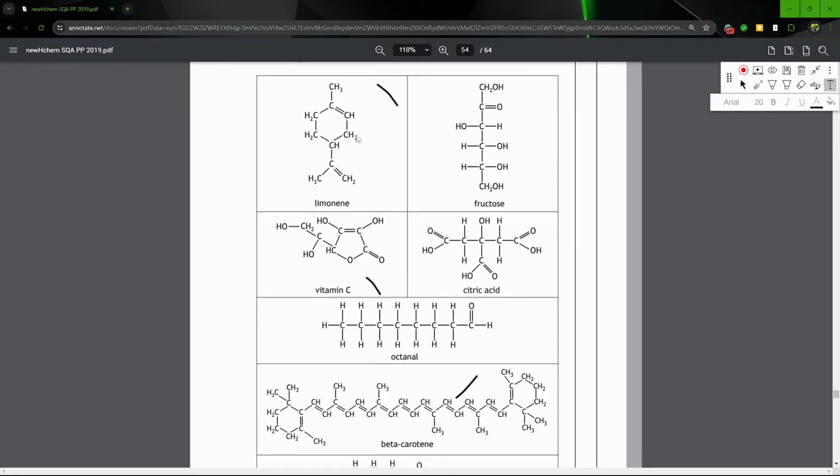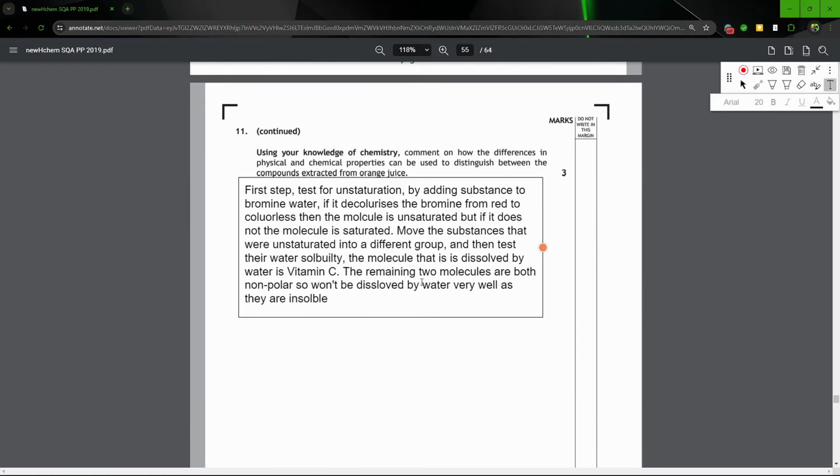And a way I think we can do that is: beta-carotene, I don't think we can oxidize anywhere, but limonene we can. So then try and oxidize the remaining two molecules.